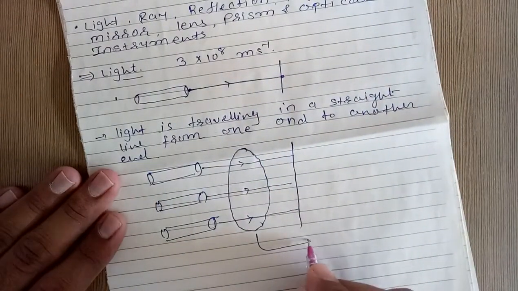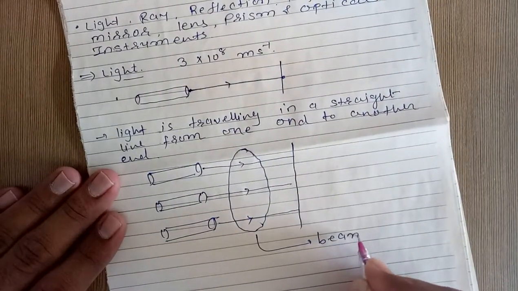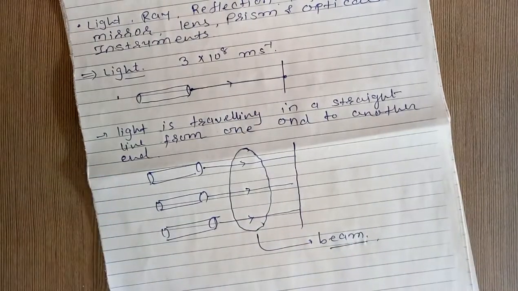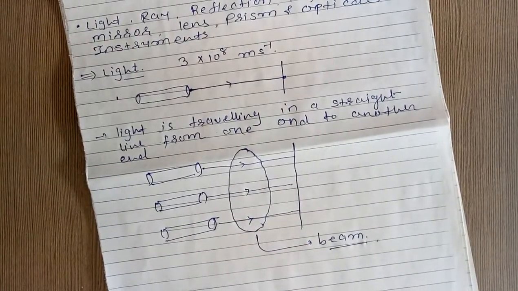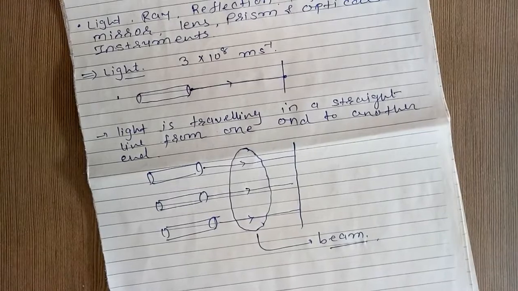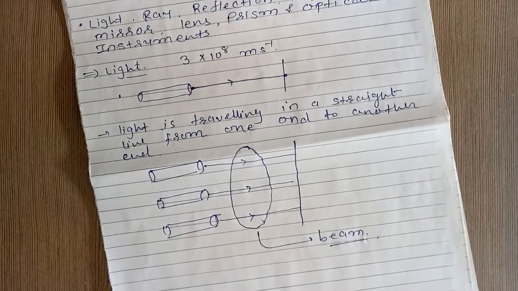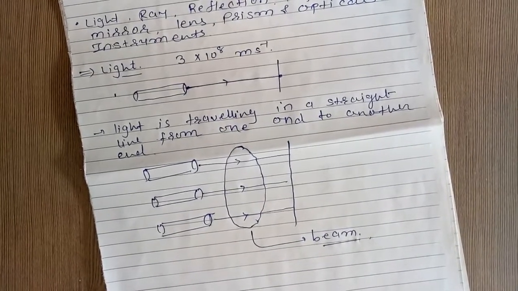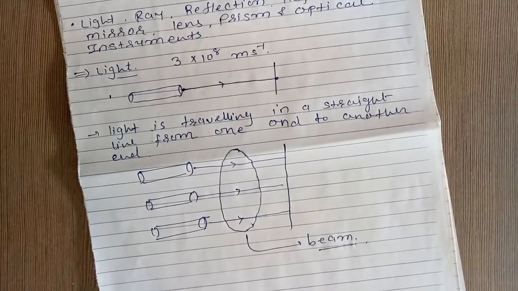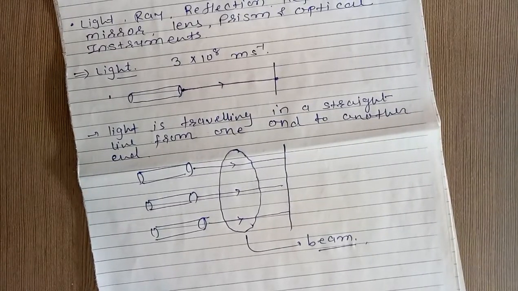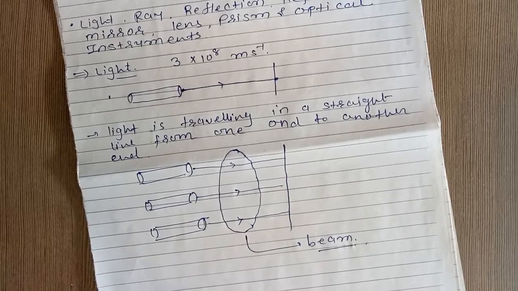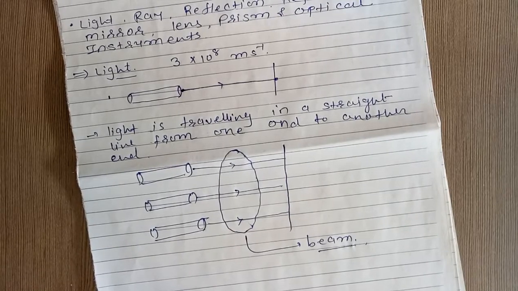This bundle of light is known as a beam. So the question is, what is a beam? We can say that a bundle of light is known as a beam. Once again I repeat, a bundle of light is known as a beam.